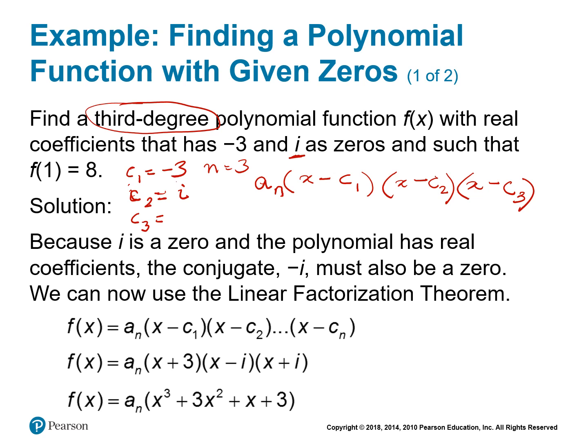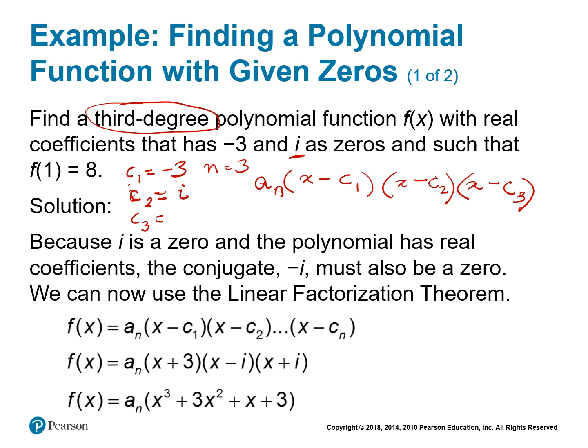Now, if you recall, if we have an imaginary root, all right, if we have an imaginary value for the root, then its conjugate is also one of the roots. They always appear in pairs. Imaginary numbers as roots will always appear in pairs. All right.